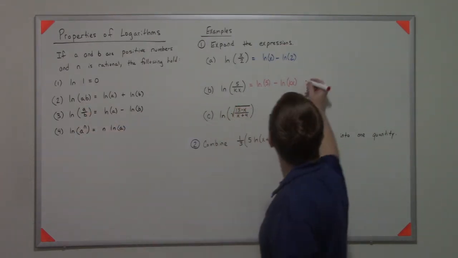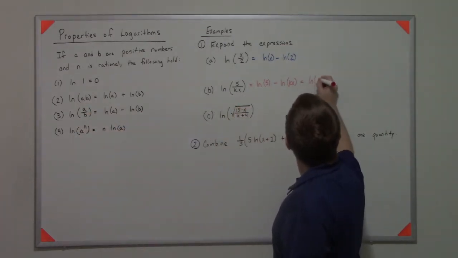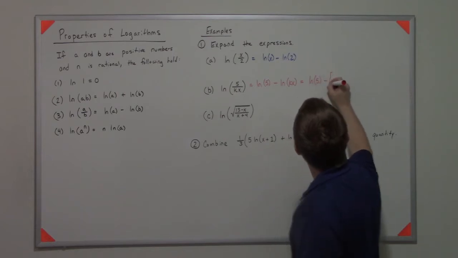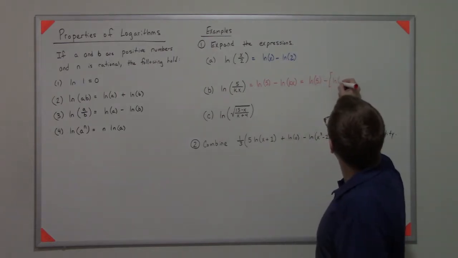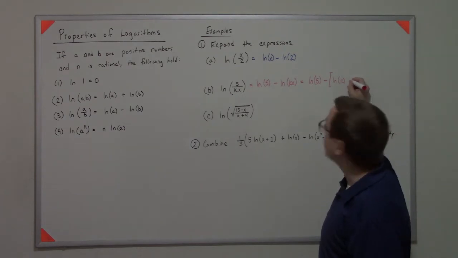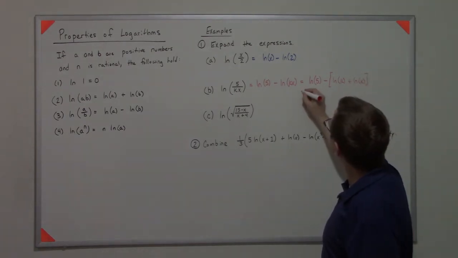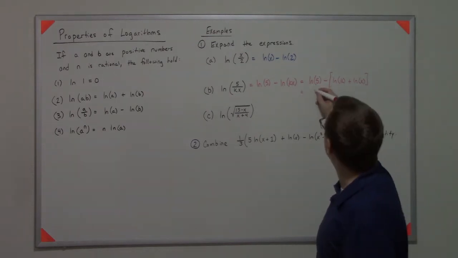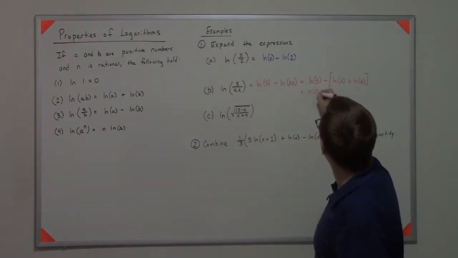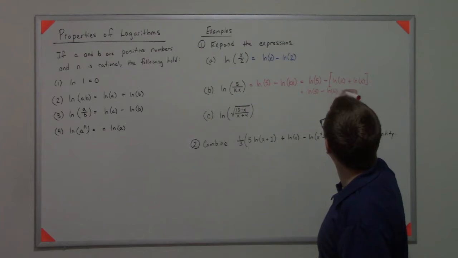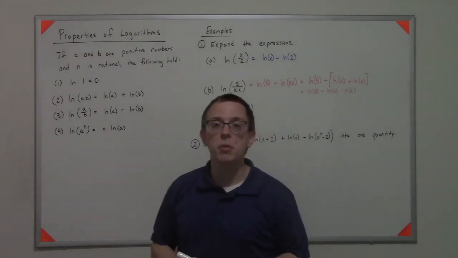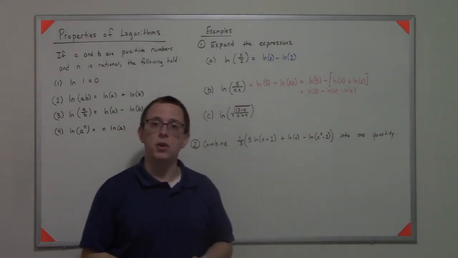So I can say natural log 5 minus natural log k plus natural log x. At which point I should probably just say natural log of 5 minus natural log of k minus natural log of x.